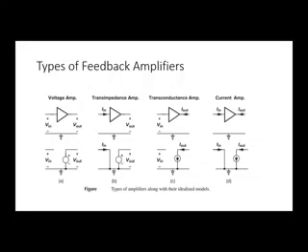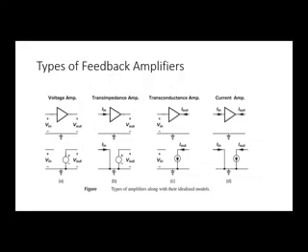One, a circuit sensing a voltage must exhibit a high input impedance, whereas those sensing a current must provide a low input impedance. Second, a circuit generating a voltage must exhibit a low output impedance, while those generating a current must provide a high output impedance.